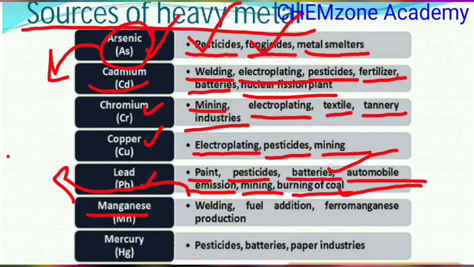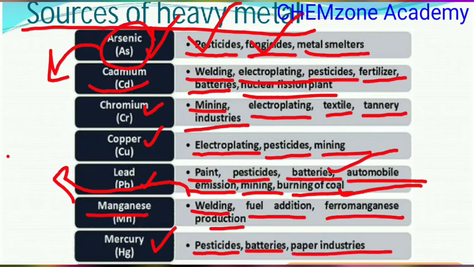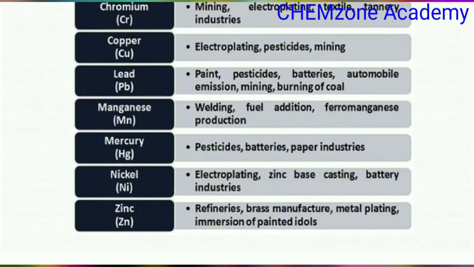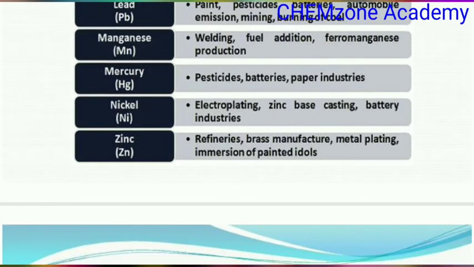Then we talk about manganese. It is used in building, fuel addition, ferromanganese production, etc. Then here is mercury. I told you, it is used in pesticides, batteries, paper industries, different kinds of things. Here it is given about nickel. Everybody knows it is a very useful material in electroplating.